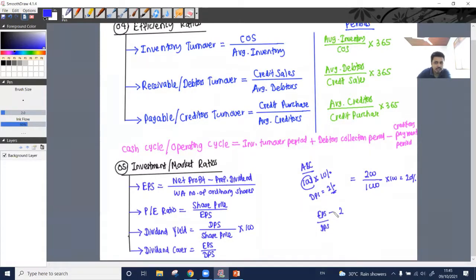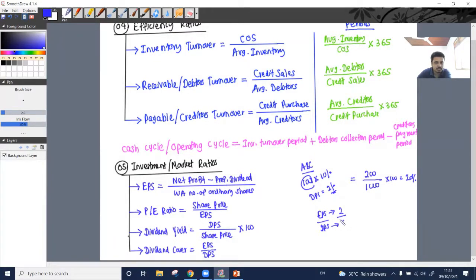Assume the EPS value is 2 and the DPS value is 1. Dividend per share: on average the company pays 1 rupee per share. Earnings per share is 2. Per share the company could earn 2 rupees, and they pay a dividend of 1 rupee per share.